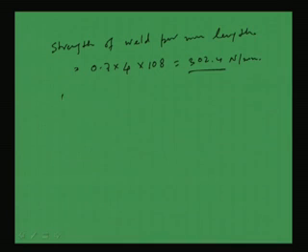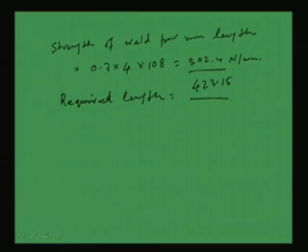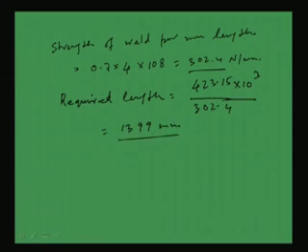So the required length will be 423.15 kilonewton divided by 302.4 Newton per millimeter, let us make it Newton. So this will become 1399 millimeter. So the length required to withstand this much load will be 1399 millimeter.